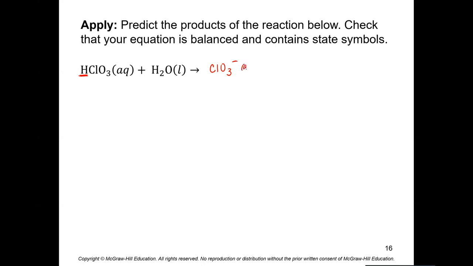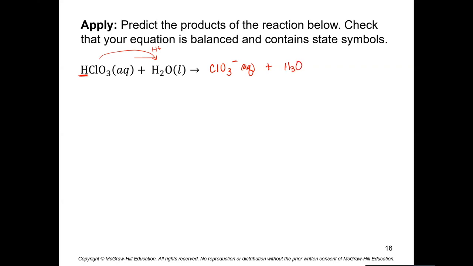Now this is going to be aqueous because we have put this in water. Where did my proton go? Well, it's going to go over to here. It is giving it an H+. HClO3 is going to donate its proton, and H2O is going to accept it. So H2O becomes H3O because it has accepted that hydrogen.